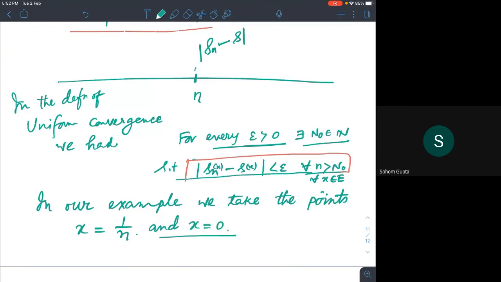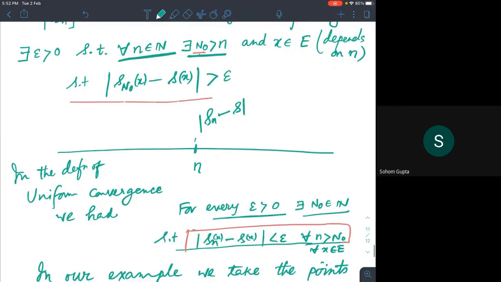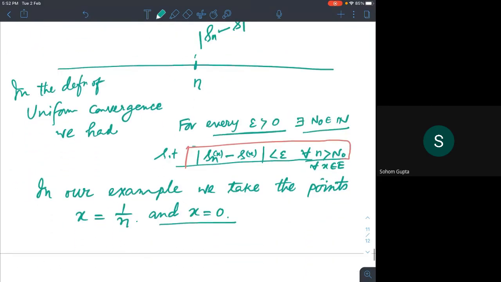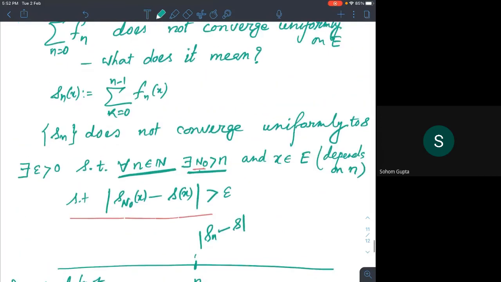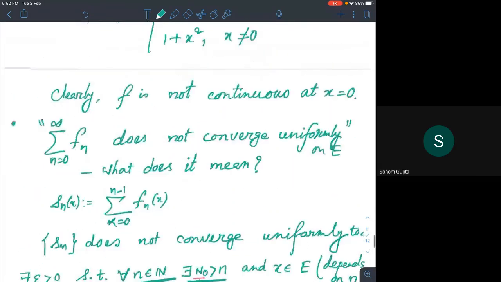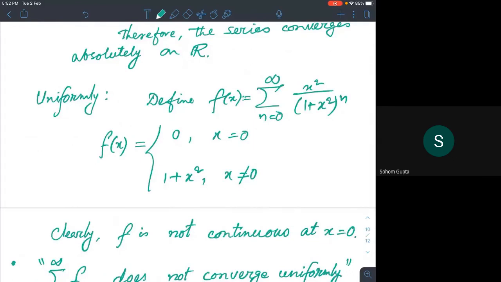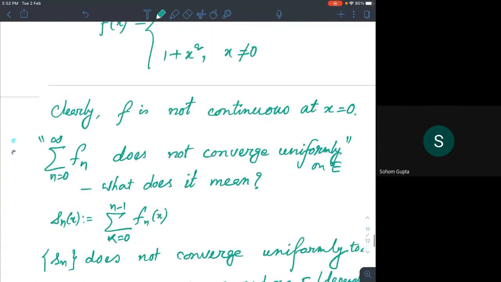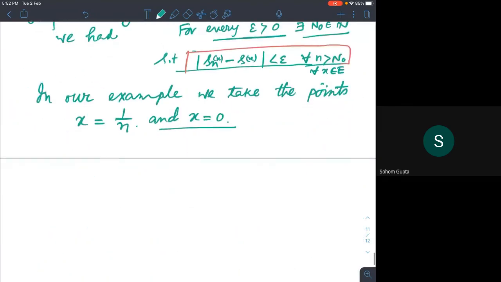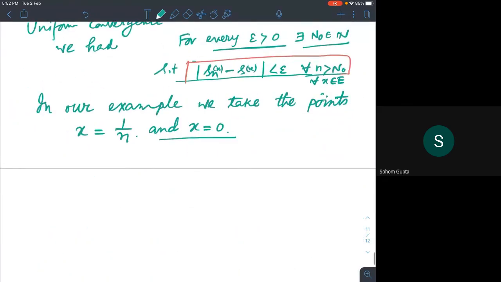So those are the points you will take. 1 over n would actually give you this mod of Sn naught. You can start with Sn naught at 1 over n naught minus S of 1 over n naught, and go with that. And this is a geometric series, so you can actually calculate also. This part of the calculation you need to do yourself. The point you take is 1 over n. Generally it will work here.